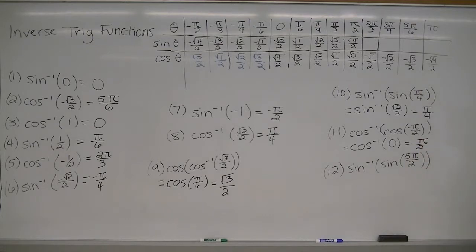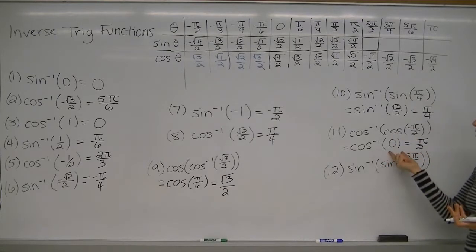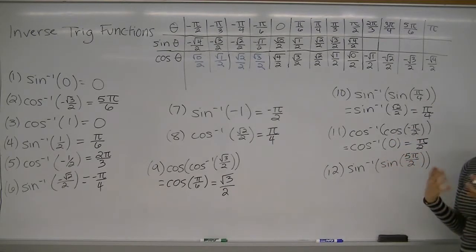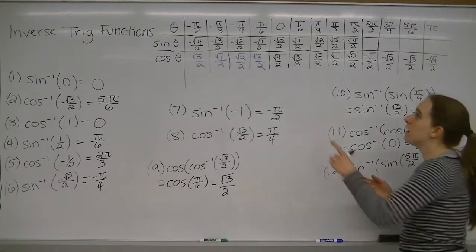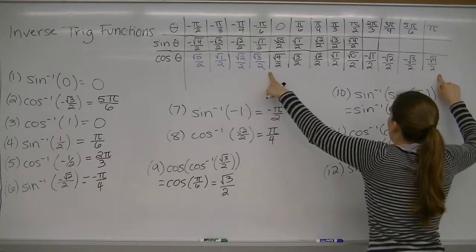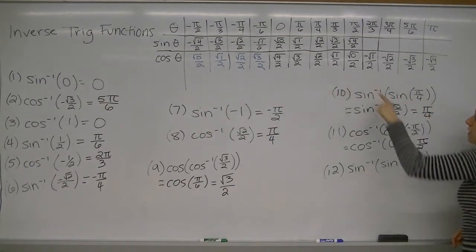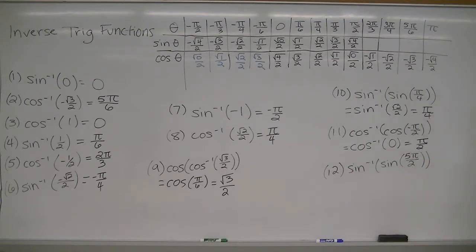So essentially what I had to do here was figure out what cosine of negative pi over 2 was. I did. That was 0. Then I needed to think of another angle that's in the correct range from 0 to pi that had that same cosine. It happened that pi over 2 did, so that became our answer.